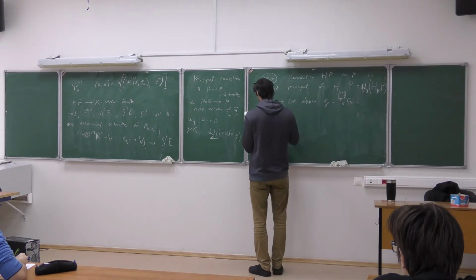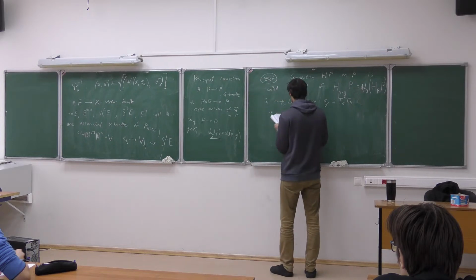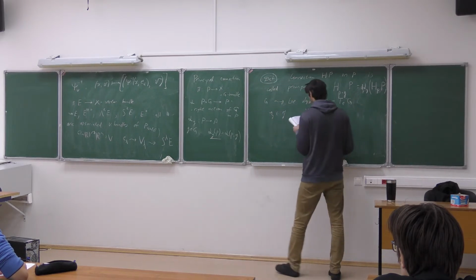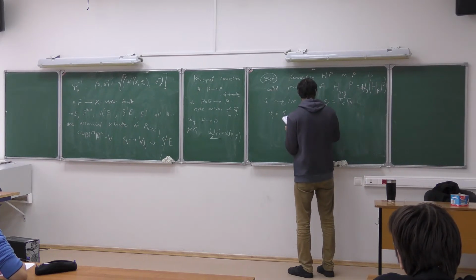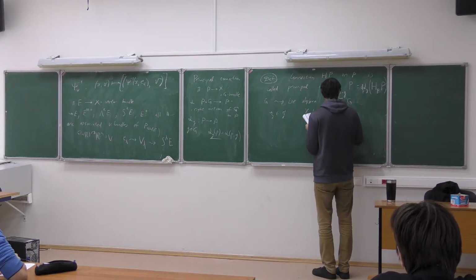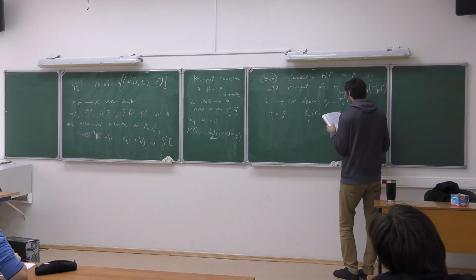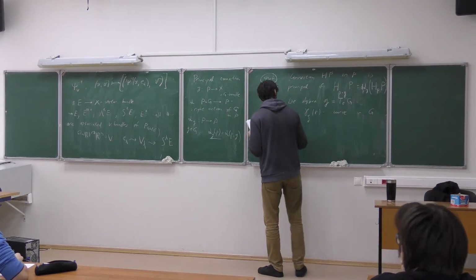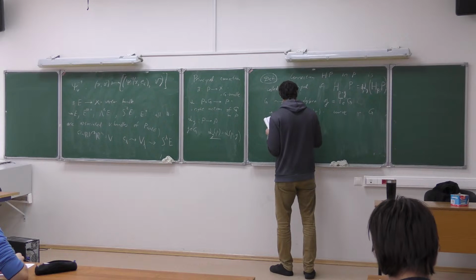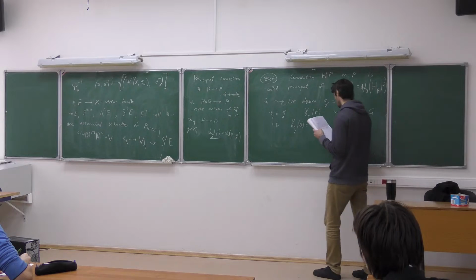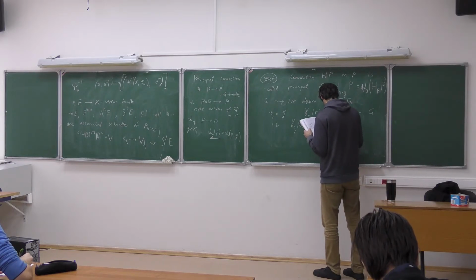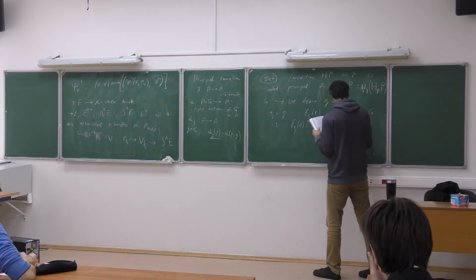Now let me introduce the following notation. Suppose I fix an element xi in the Lie algebra, then I will write gamma xi of t. So this is a curve in G such that, first of all, at 0 it takes the value identity in G, and its tangent vector at 0 is exactly xi.